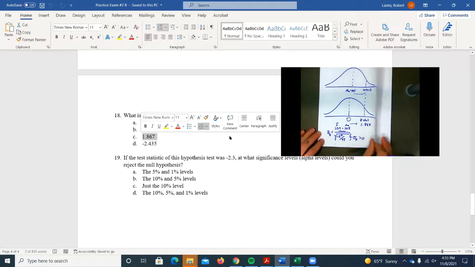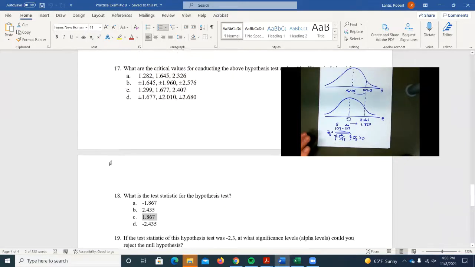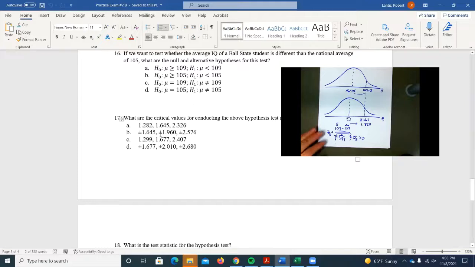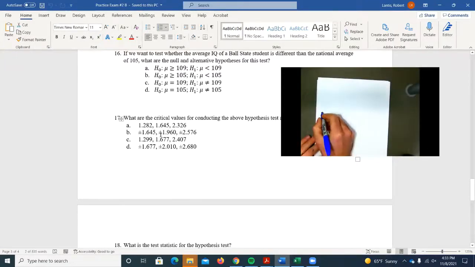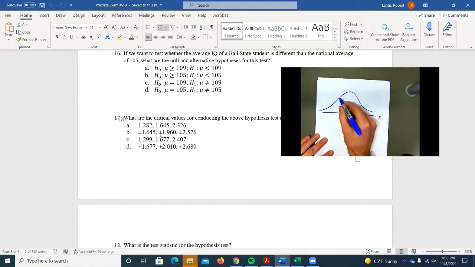All right, so at this point, we've got our test statistic. We could compare that test statistic to the critical values we found before. So if you wanted to, you could plot these critical values. I'll blow this up in a second, but I'm just going to get them plotted and then we can return.